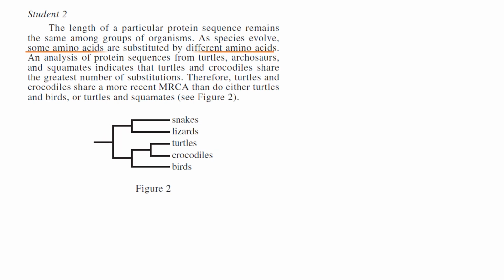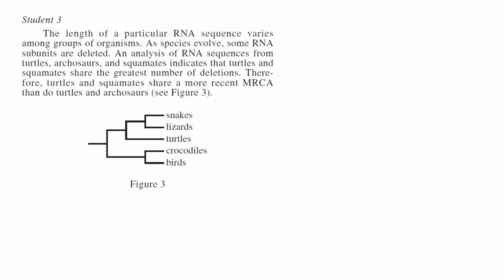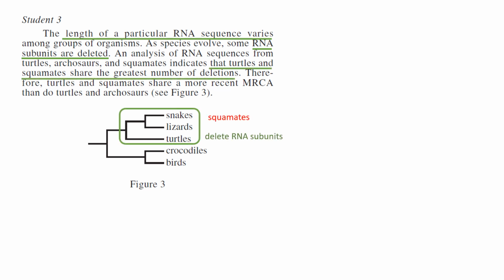Student 2 looks at amino acids, or protein sequences, and found that turtles and crocodiles share the same number of substitutions, and turtles and crocodiles have the most recent common ancestor. And student 3 looks at RNA, and so it says that turtles and squamates share the greatest number of deletions, so they're the most closely related. Pretty straightforward passage compared to a lot of conflicts.